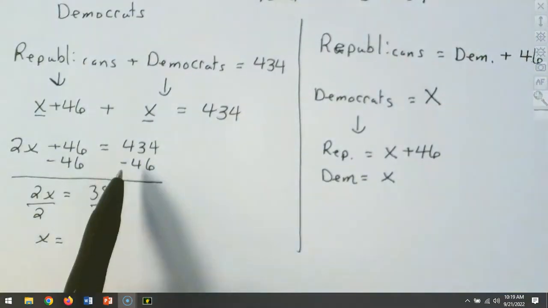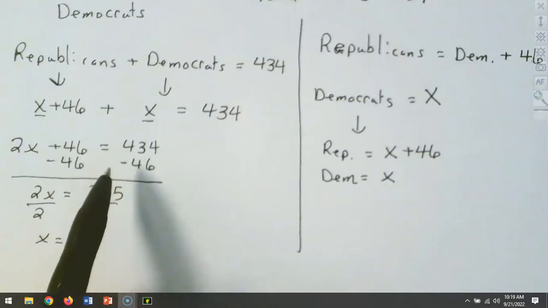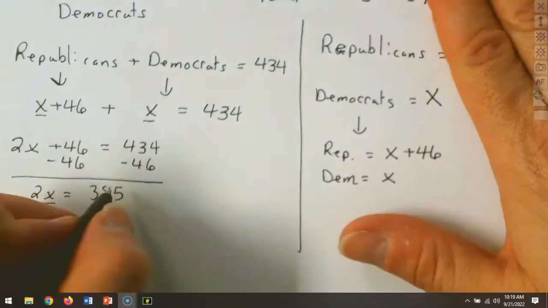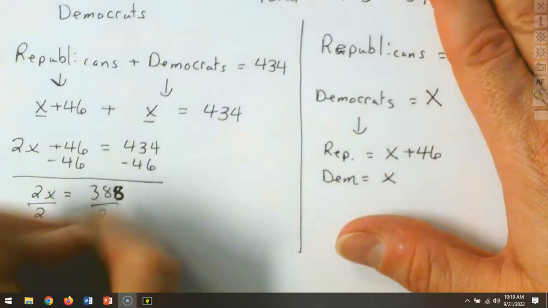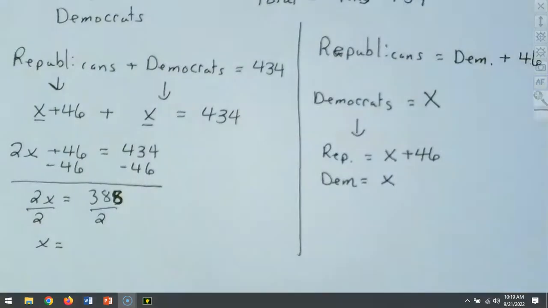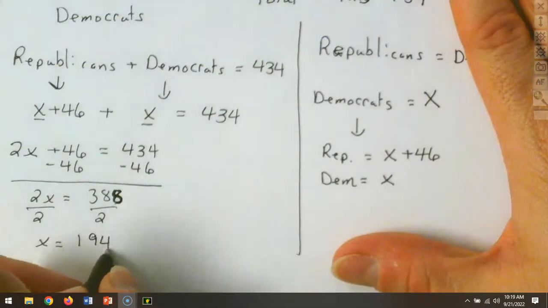Did I make sure? Yep, I added wrong here. 434 minus that 46 should be 388, I wrote it down wrong. Now we divide that 388 by 2, and it should come out to be 194.